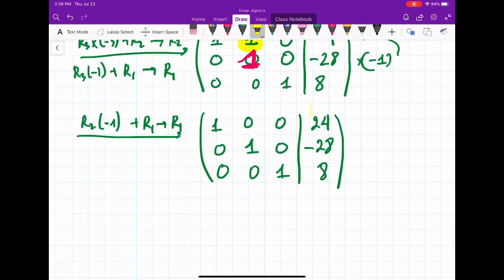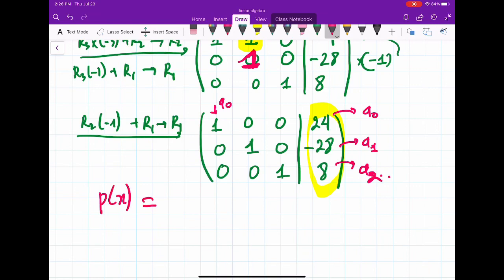So this is my solution, right? This is for A0 because this is A0. This is for A1. This is for A2. So my polynomial looks like 24 minus 28x plus 8x squared.